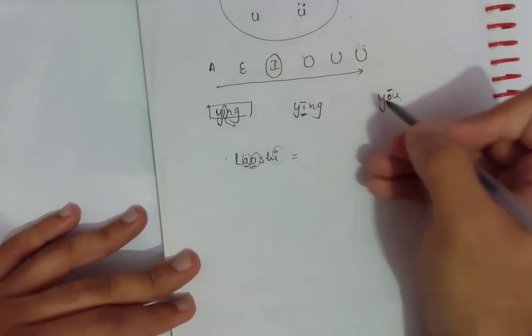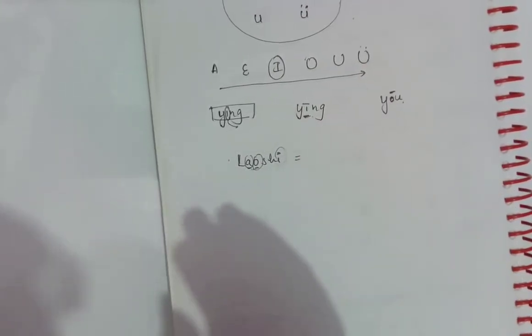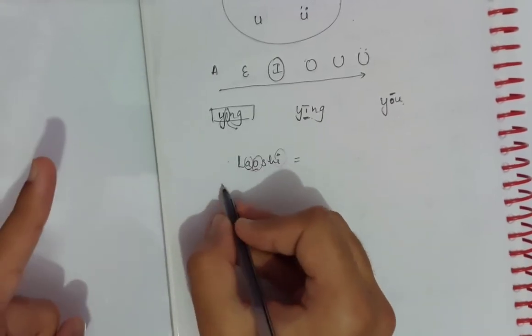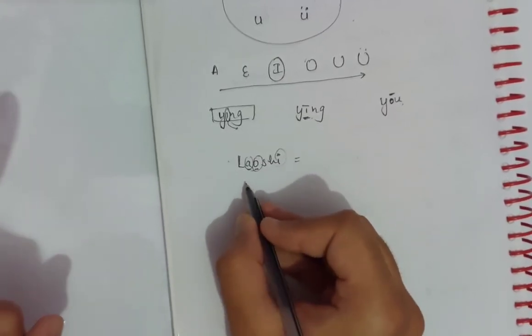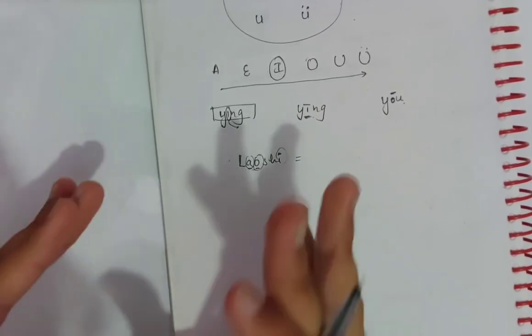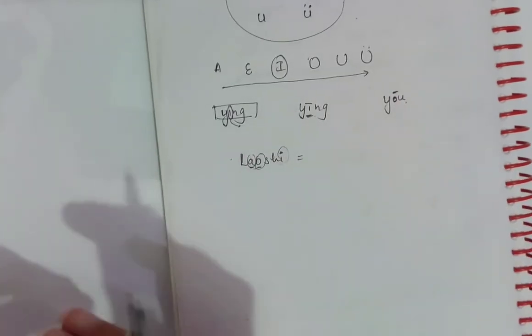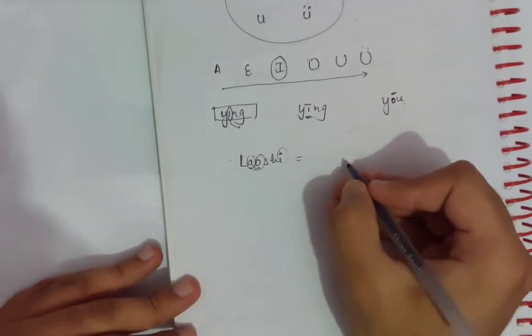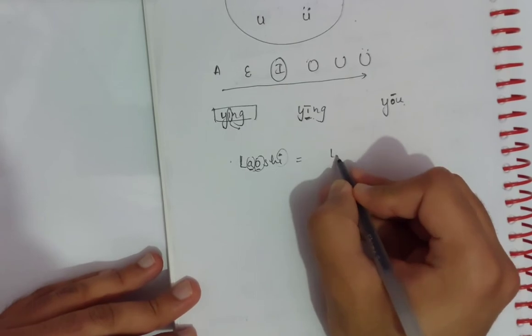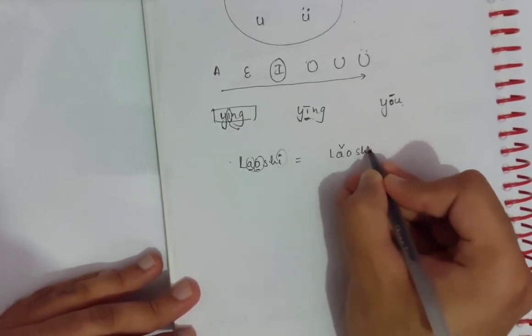On which of these finals will the tones be placed? It is wrong that on one word of Chinese only one tone is placed. We place many tones also in one word, like lao shi.